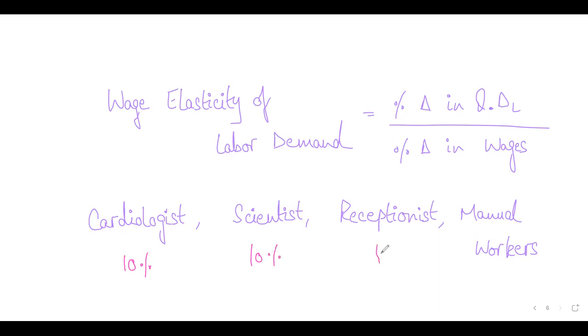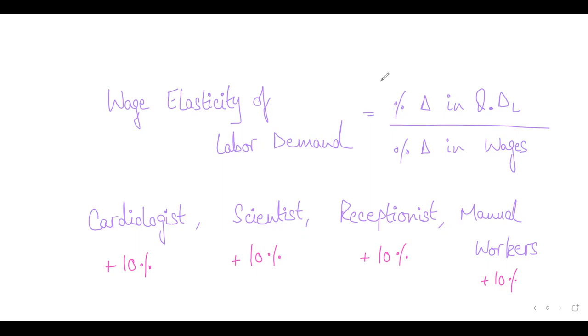Out of these four occupations, for which occupation do you think that the demand will be affected the most? So let's assume there's a 10% increase in the wages of the cardiologist, so whatever he was earning, now he's earning 10% more. Similarly, there's a 10% increase in the wages for scientists, receptionists, and manual workers, right?